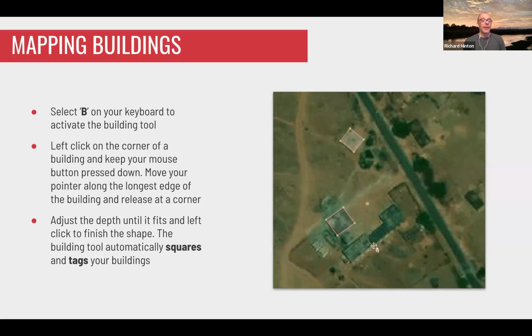All right, so in the slides here, we're identifying in bold the actual keystroke for the shortcut, but when I'm demoing, I'll try and remember to show you where the actual button or the tool is located.